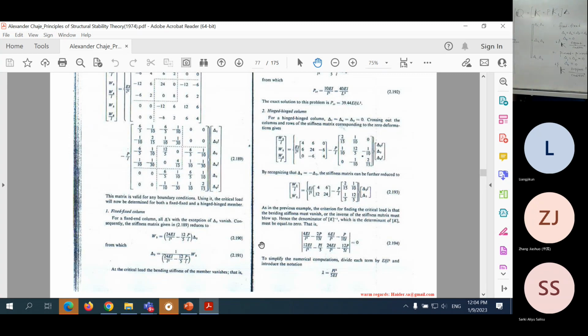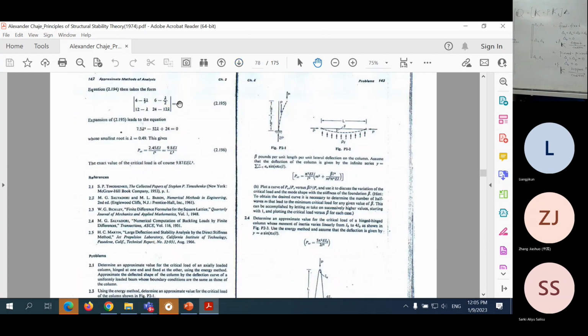The determinant of this must be equal to 0, and the rest is solving. To make it easy, they do some substitution for solving this. So finally you get the solutions. This is still a quadratic equation, and then take the lowest one.